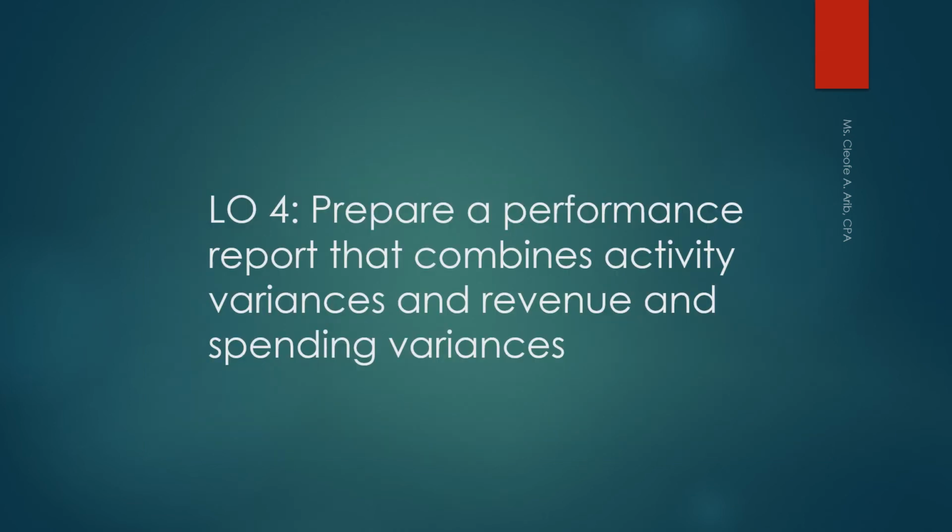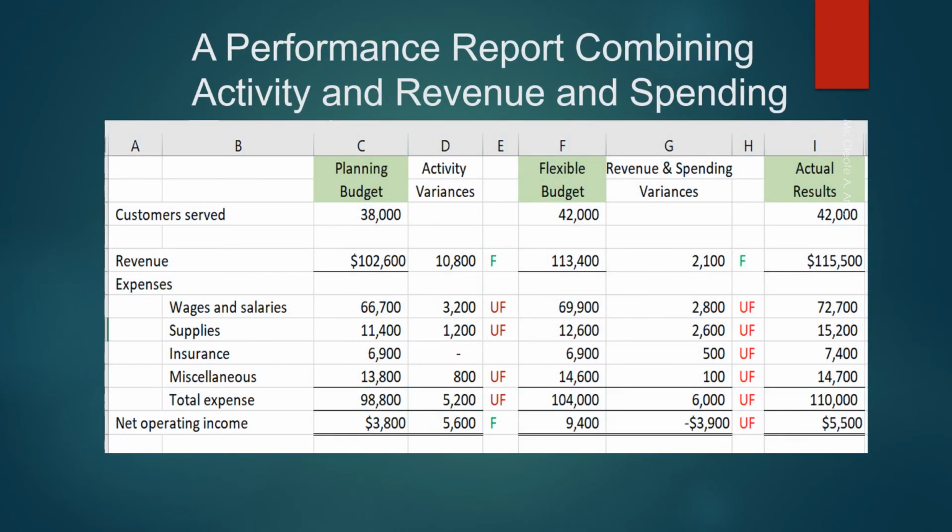Let's proceed with our learning objective 4, and that is to prepare a performance report that combines activity variances and revenue and spending variances. So this is how your performance report combining activity and revenue and spending variances will look like. So makita natin dyan, yung gitna ng planning budget and your flexible budget is your activity variances.